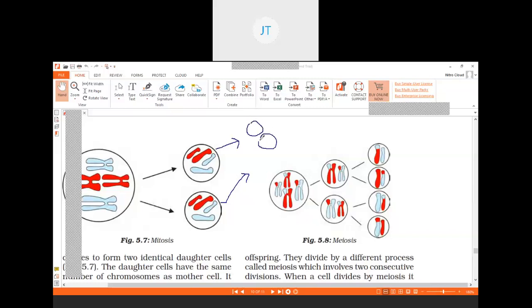So the process goes on. And these four daughter cells also have the same design of chromosomes that the mother cell has. So there is no change in the chromosome structure. So this is mitosis.